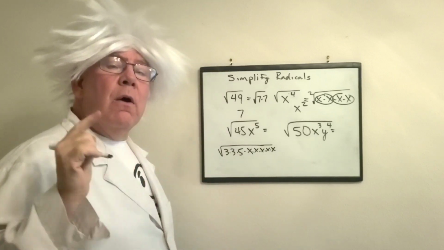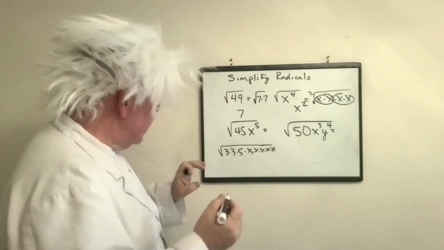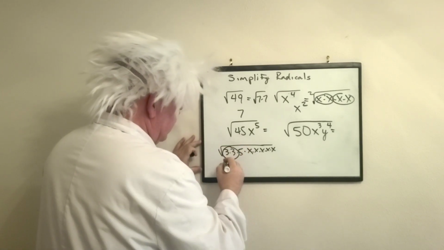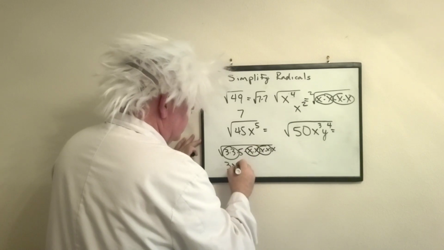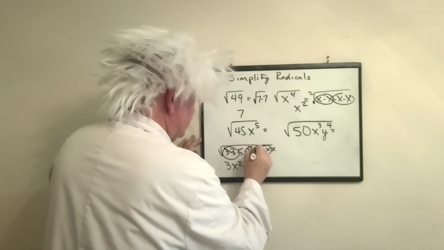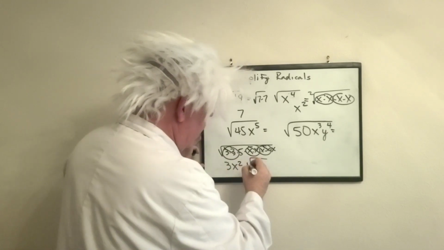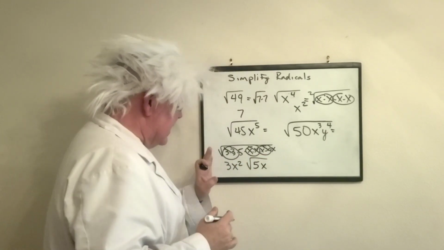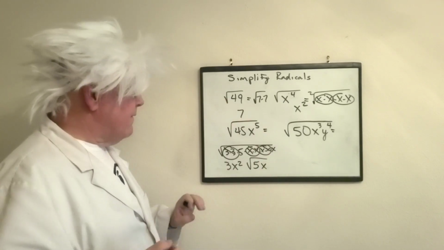Now, remember what I said. To be able to bring a term out, you have to have 2. So I can bring a 3 out. I can bring 2 sets of x's out. So they're taken care of, but I have terms left. I have 5 left, and I have x. So that's 3x squared, square root of 5x.